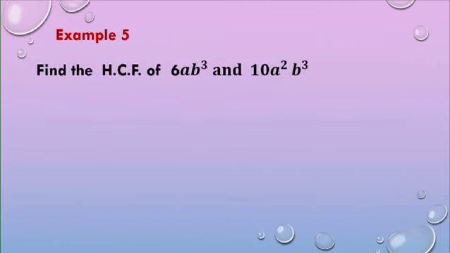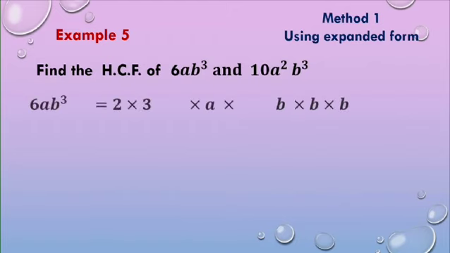Example 5. Now we're going to find the HCF of these two algebraic terms. These two algebraic terms now contain integer values. So while writing 6ab cubed in expanded form, we need to write the integer value as a product of its prime factors, that is 2 times 3, and then we write ab cubed as a times b times b times b.